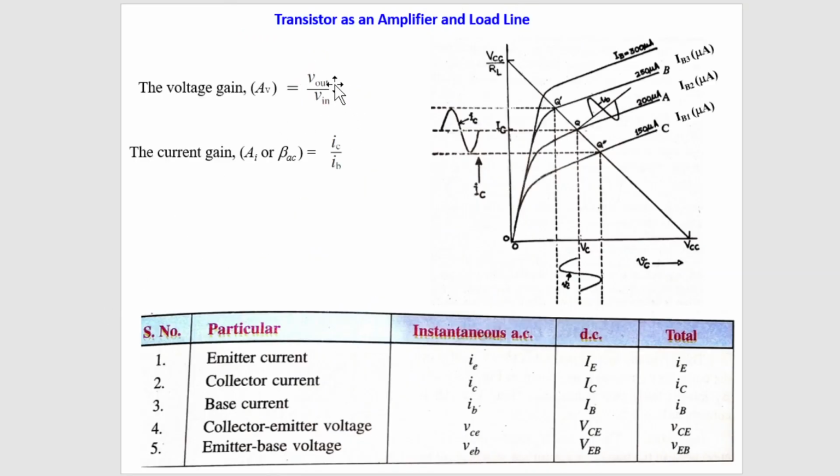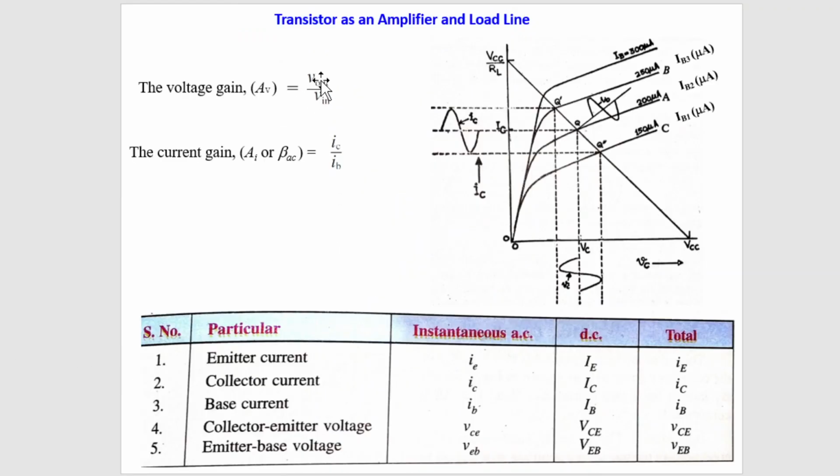So this V out will be defined as small v small ce divided by small v small be. That is AV. So we can find out small vce. Small vce is equal to AV into small vb. This is input voltage and this is output voltage.